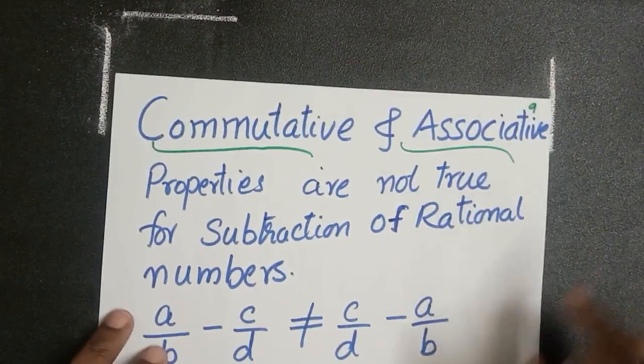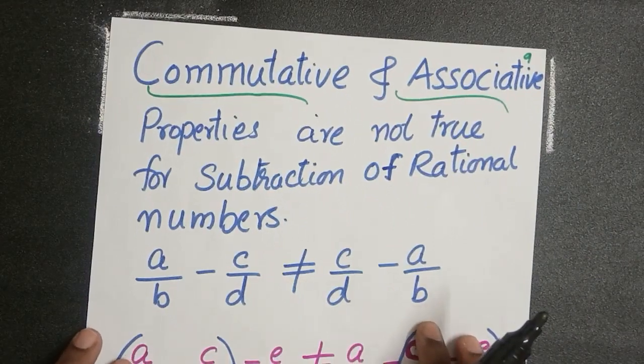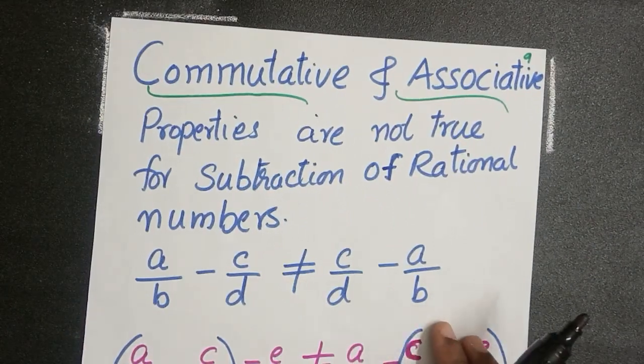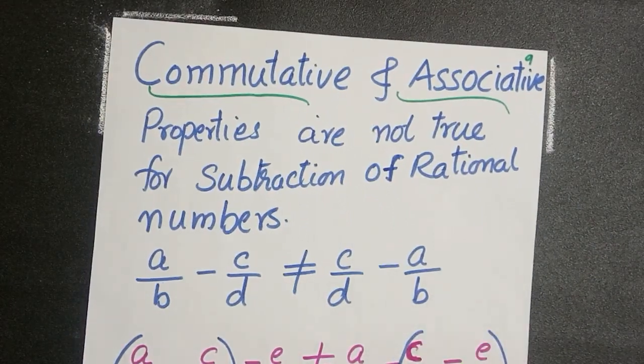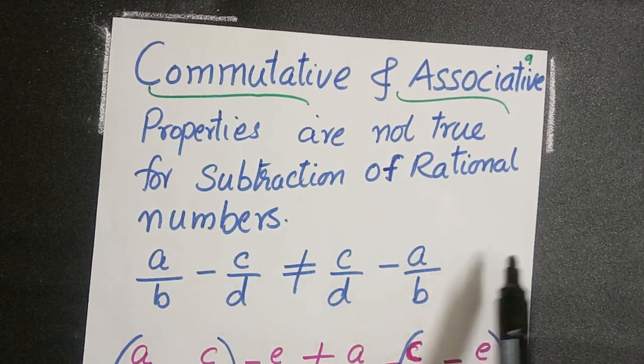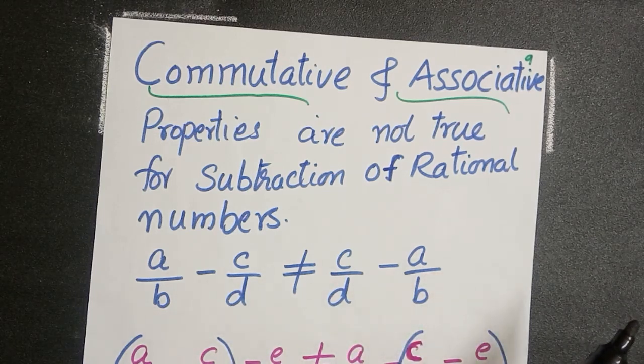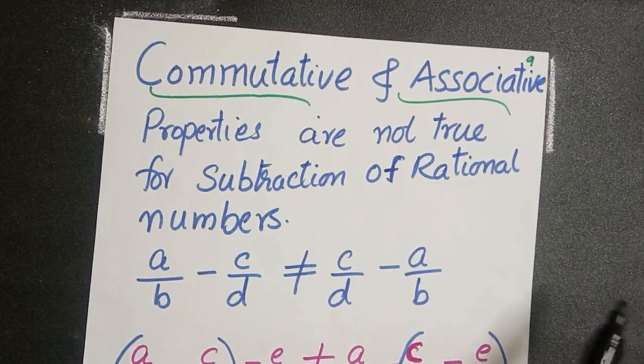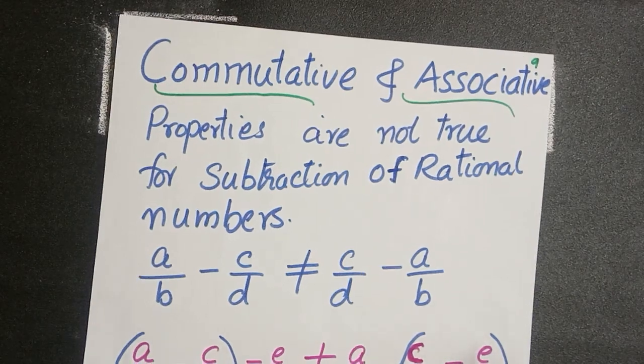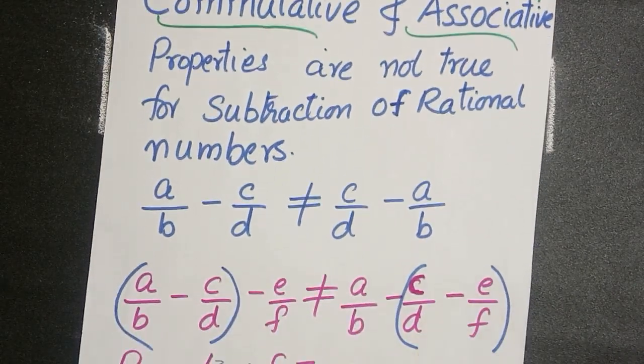Now, if you think about commutative property and associative property, because the rational numbers have signs, and just like if you take whole numbers also, in subtraction, commutative property and associative property will not be true. So you can say rational numbers are not commutative or not associative in the case of subtraction.